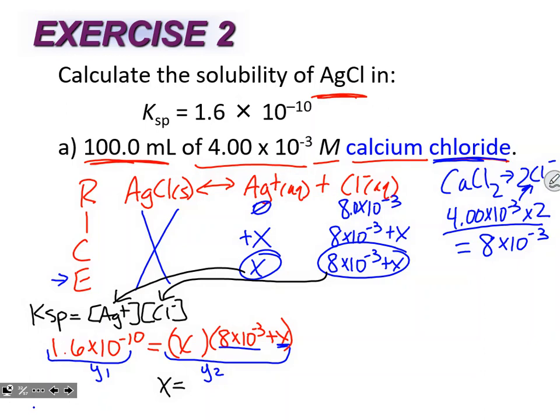A very small negligible amount added to this 8 times 10 to the minus 3, well, we don't really need to do that because it's not going to change this number. The significant figure digits on it are going to fall off. So you get to eliminate the x in this particular part of the expression. Why do you get to do that? Because this number is so small that it's not going to actually add in.